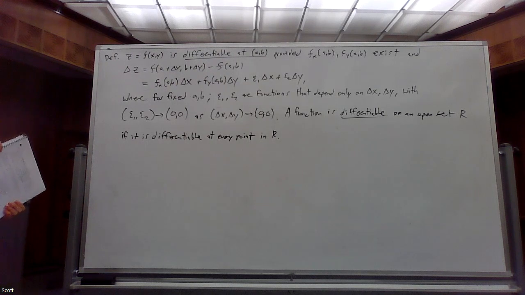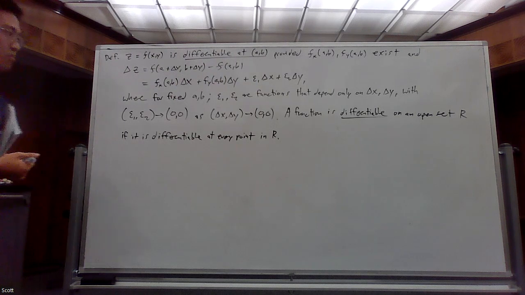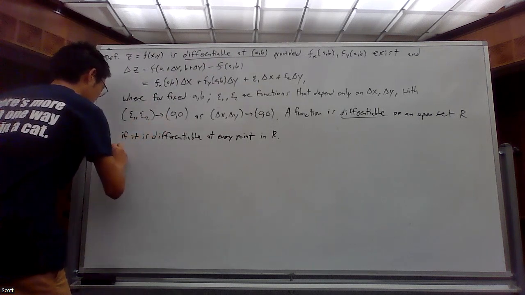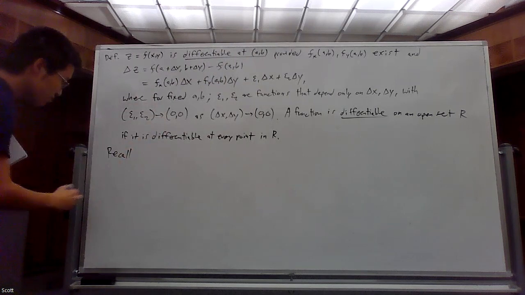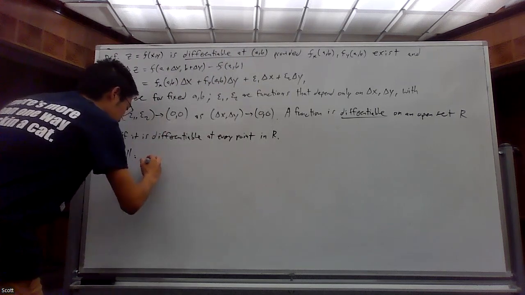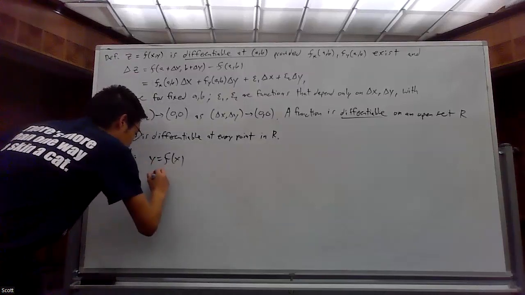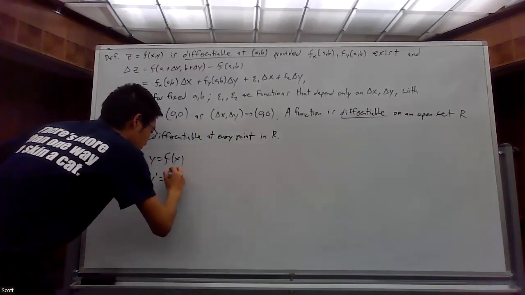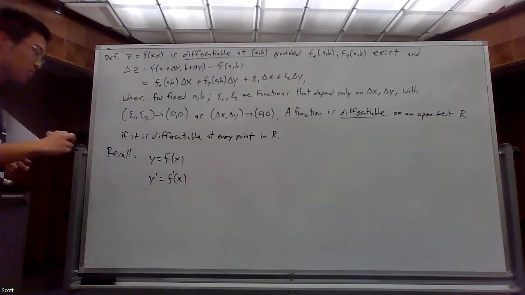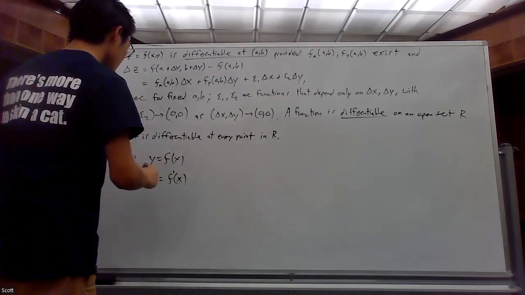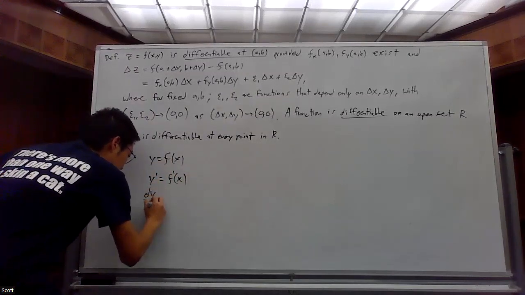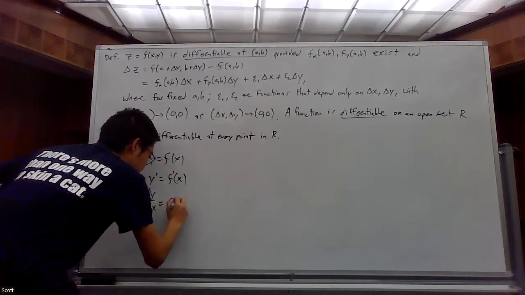Here, I'm going to highlight what you need to take out of this. Calc 1, let's recall. If y is equal to some function, then y prime is equal to f prime of x, or we could say dy/dx is equal to f prime of x.